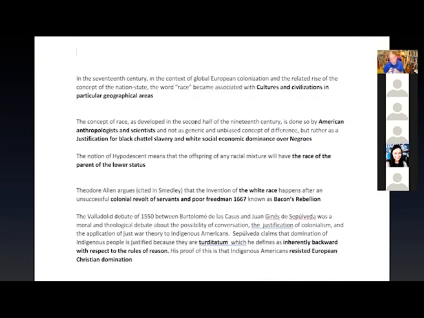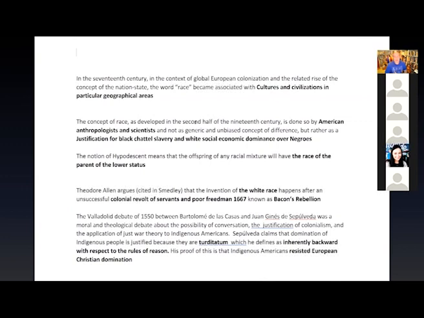It's about groups, not particularly family groups, that then becomes a biological concept. And that's developed by American anthropologists and scientists, with the particular purpose of justifying Black chattel slavery and white socioeconomic dominance over Negroes. This is all from the Zack piece. These are just quotes from that.